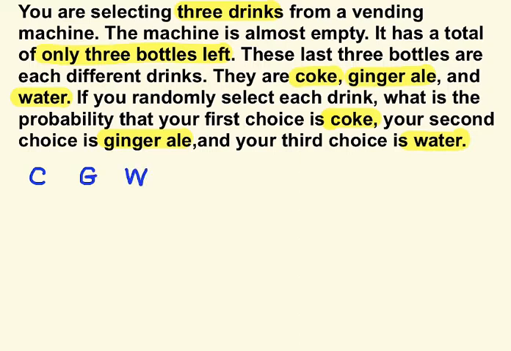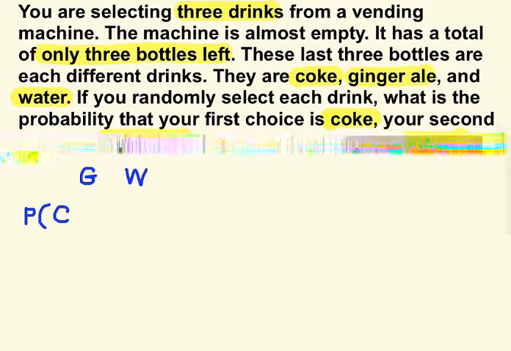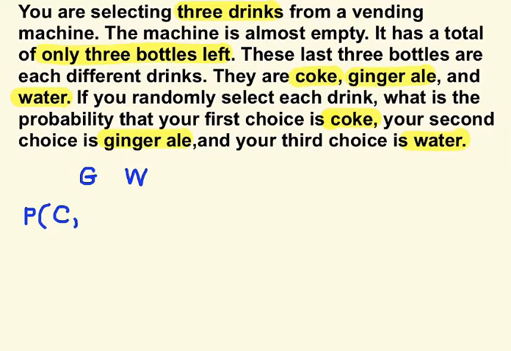So we want to know, what is the probability that our first choice is Coke and our second choice will be ginger ale and our third choice will be water. So we want to find out what is the probability of this.